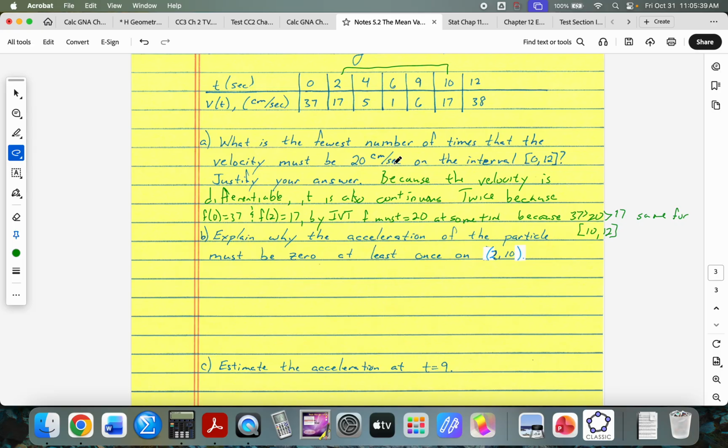Okay. We need to check, does the mean value theorem apply here? So what are the two things we need to check? Right. So velocity is continuous and differentiable.